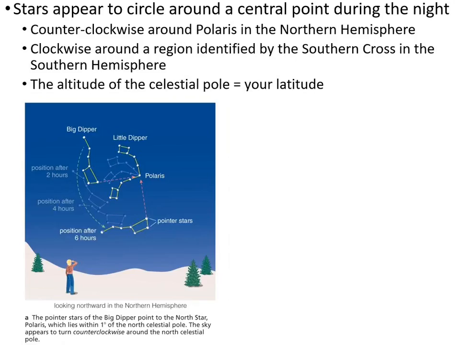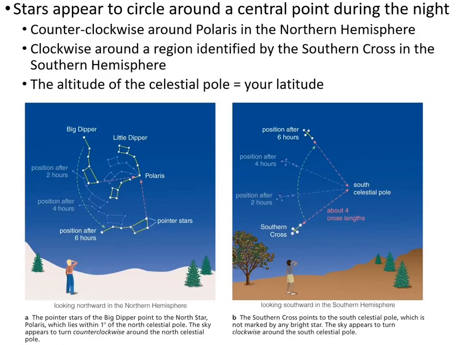Polaris is up here if you're at the pole. Polaris is here if you're at the equator. And we're somewhere in between. So that's our latitude. So as sailors went north and south of the equator, they would get a fix for how far they've gone with their latitude.